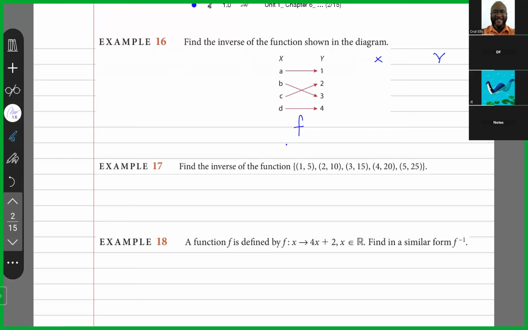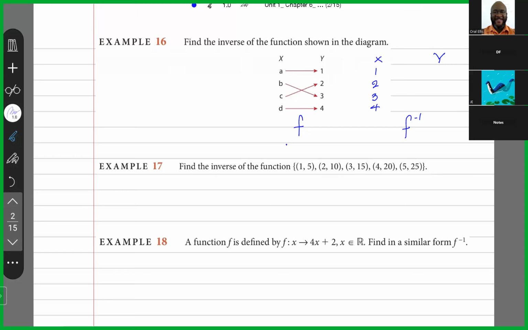Now the range of f is what? 1, 2, 3, 4. That is the range. And the range is going to become the domain of f inverse. So this is 1, 2, 3, 4. And this is f inverse.